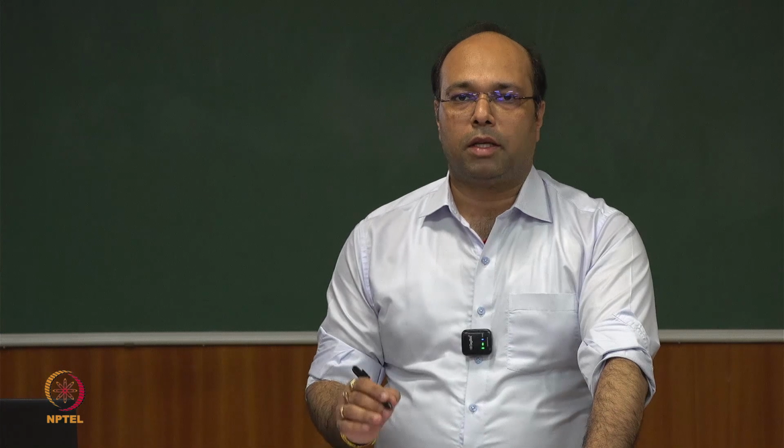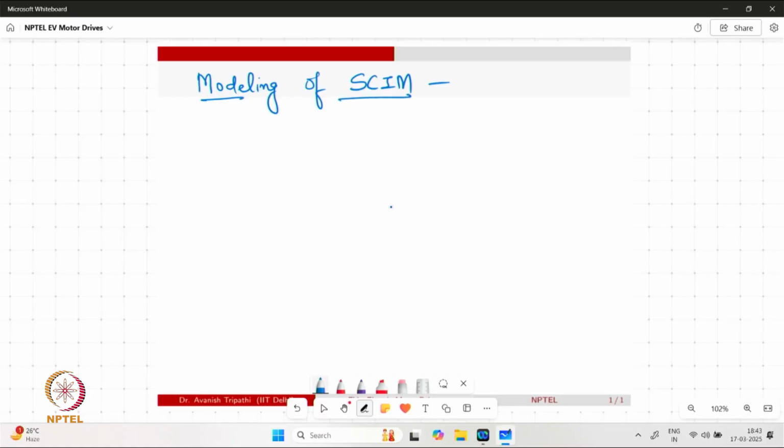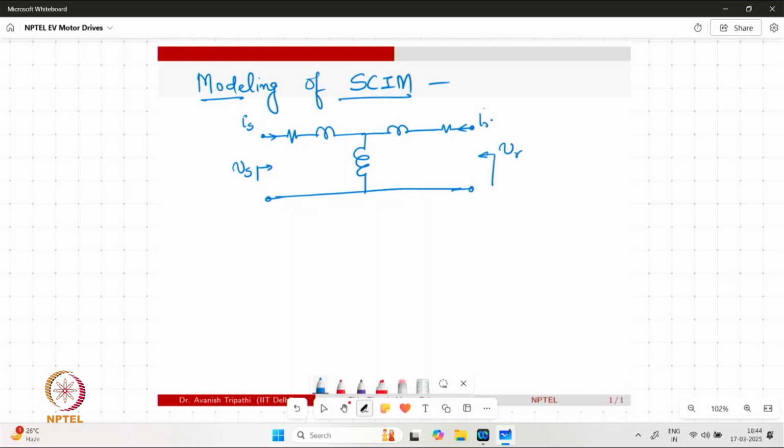So there are certain basic terminologies which we need to understand before we can proceed with the modeling itself. So once again, if we revisit the equivalent circuit of symmetrical machine, we have indicated the current and voltage and then all other circuit parameters in the equivalent circuit.